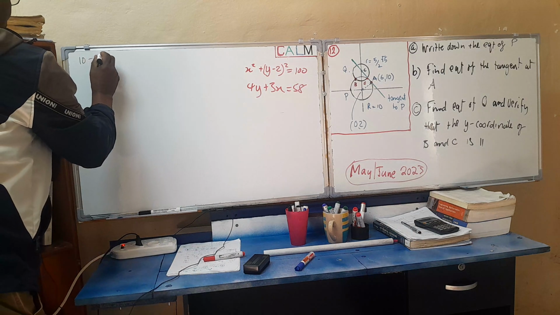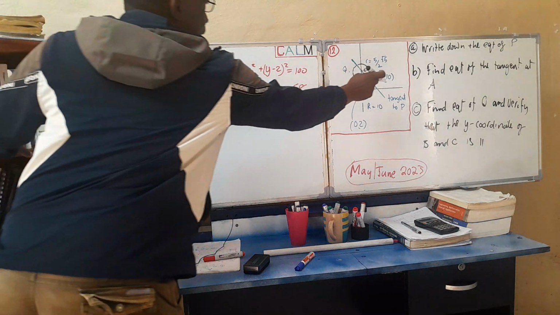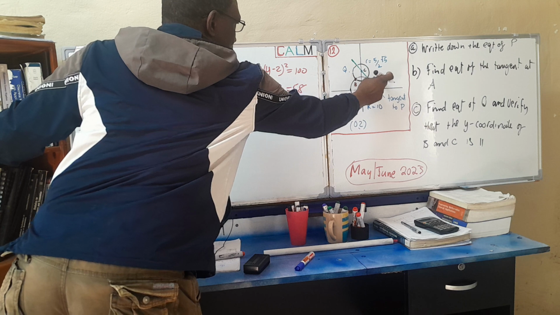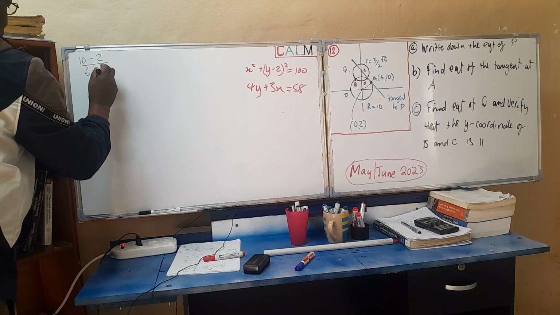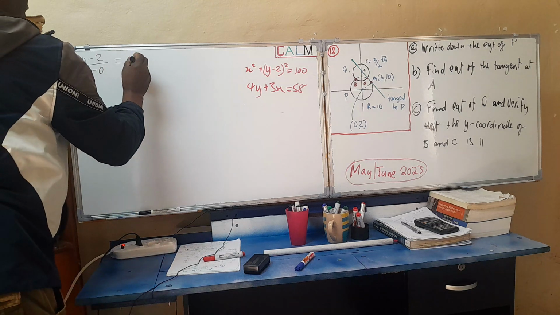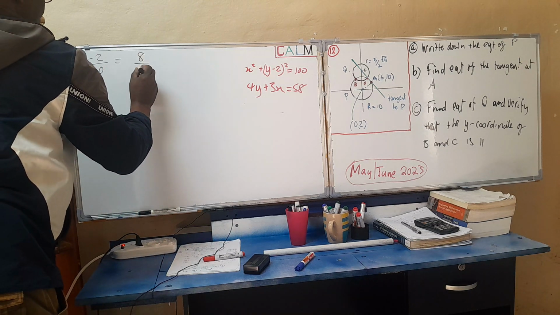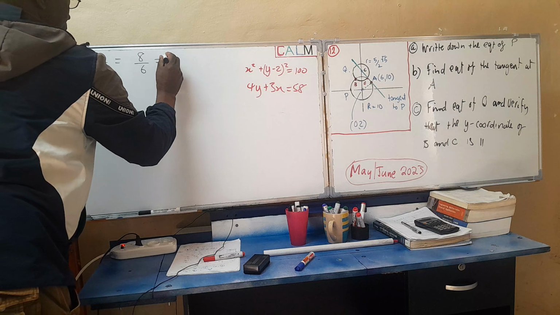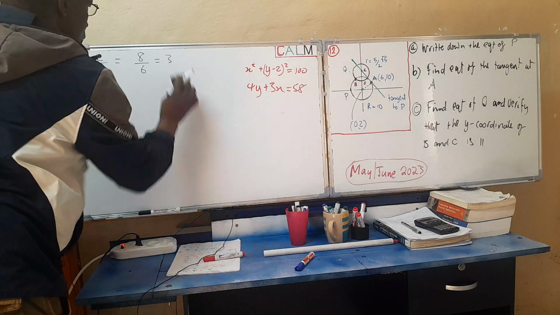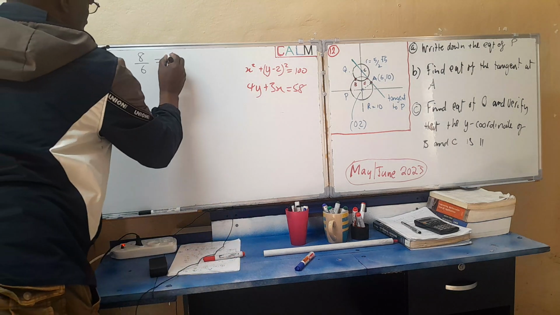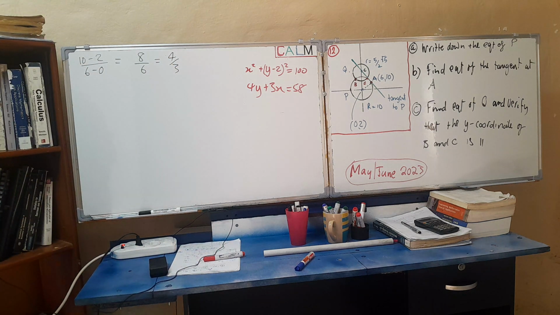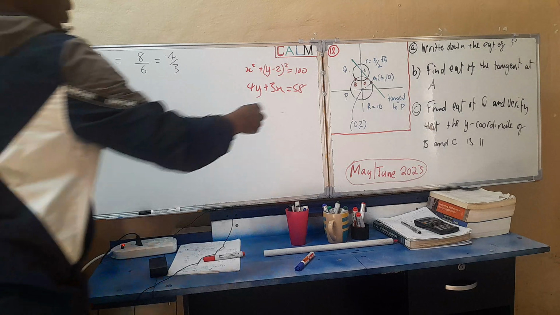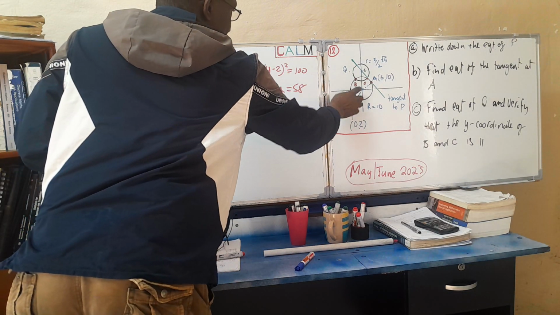So 10 minus 2 divided by 6 minus 0, x here is 6, x here is 0, which is equal to 8 over 6, which is equal to 4 over 3 when I cancel through by 2. That is the gradient of this line from there.